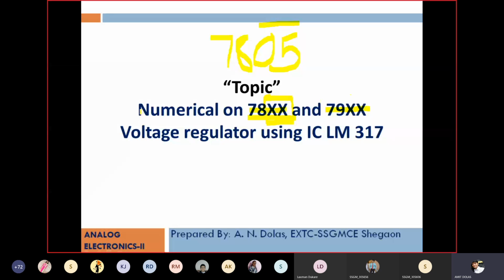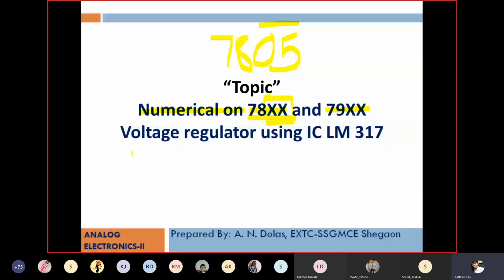So today we will see the numericals on 78 and 79 series, from solved examples from Ramakant Gaikwad, as well as the questions from earlier university papers.